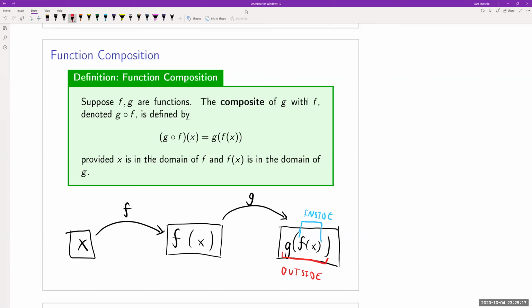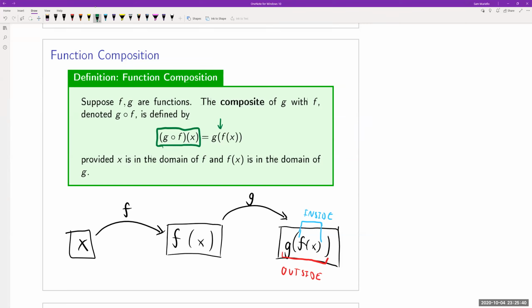There is additional notation that you can use, which looks like this with this circle. And you would read this as g composed with f. Now, this notation is more helpful at upper levels of math, but more confusing at this level. So I prefer personally this notation because it's easier for me to think about an inside and an outside.